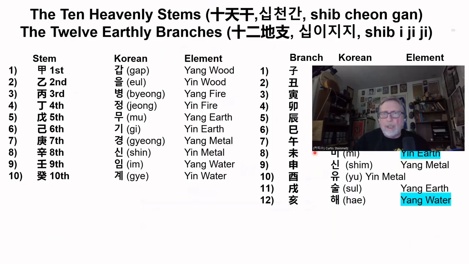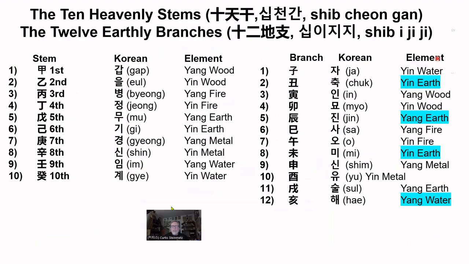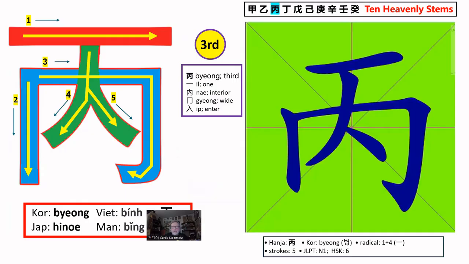Okay, so we're going to get a little kind of deep into the weeds here in this episode. I can move forward a little bit just to let you see what the character is that we're going to be focusing on today. It's the character byeong. And we'll come back to this slide again.